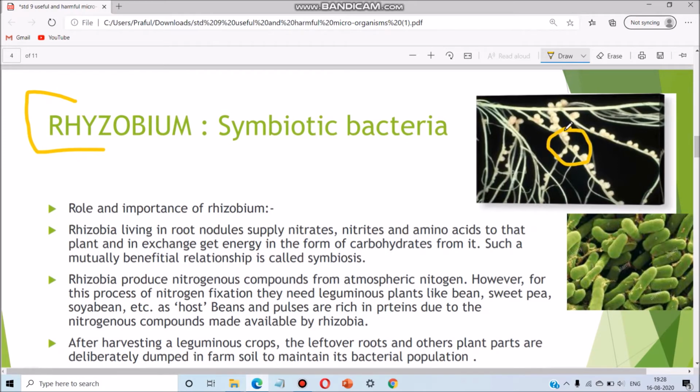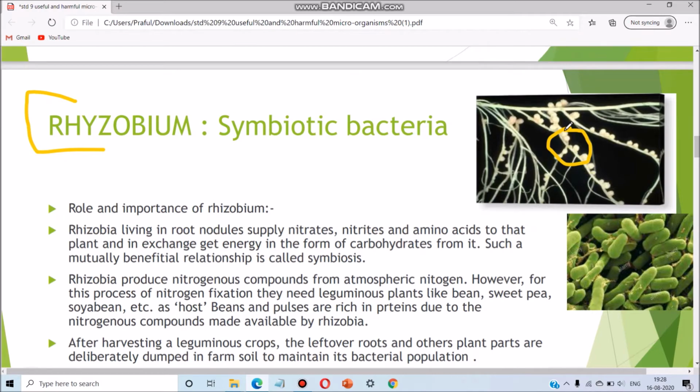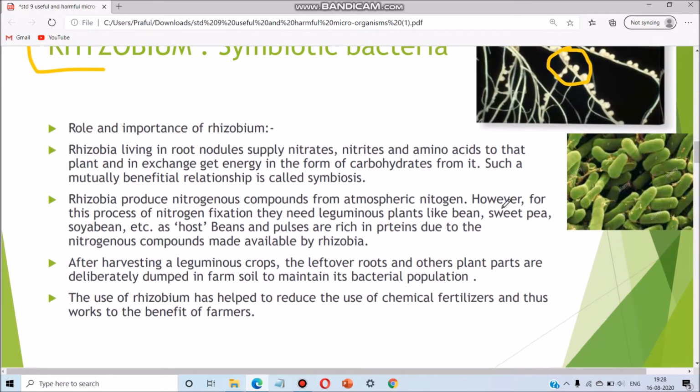These are called root nodules. The plant in exchange gives energy in the form of carbohydrates. Such a mutually beneficial relationship is called symbiosis. Bacteria give nitrates, nitrites, amino acids, and in return the plant gives carbohydrates and a place to live. This exchange is called symbiosis.